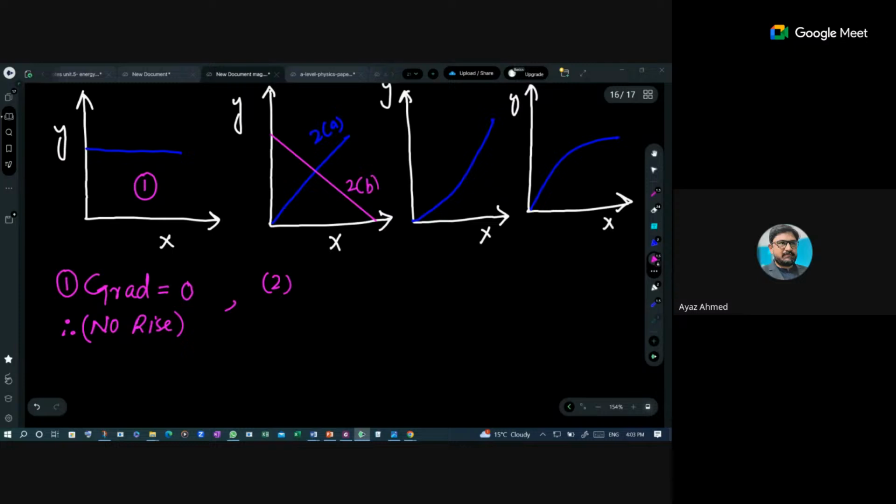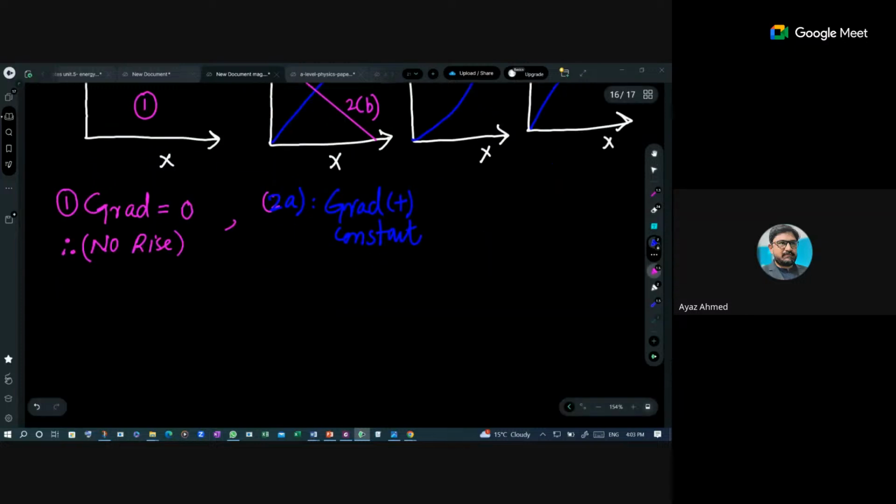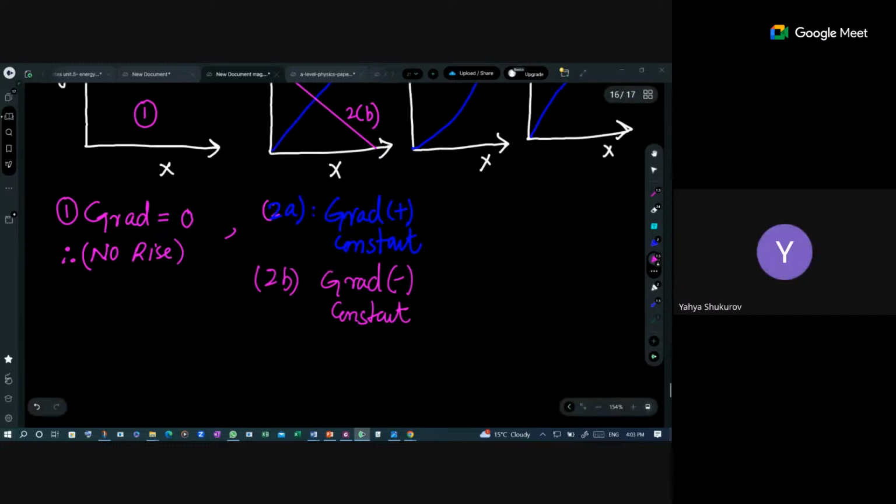So 2a has a constant positive gradient. Its gradient is positive and constant. Remember this thing. And for 2b, the gradient is constant but negative. Is this clear to all? Yes, sir.